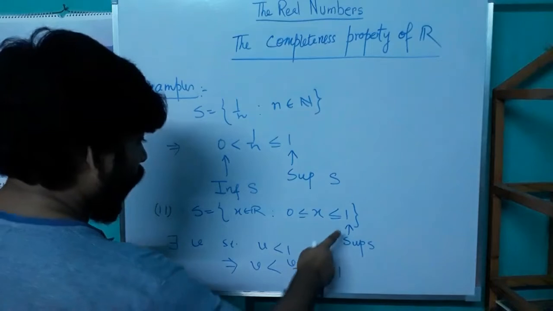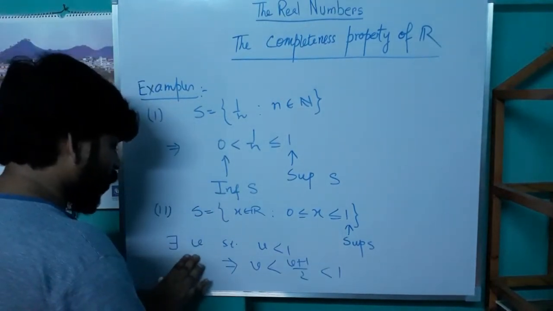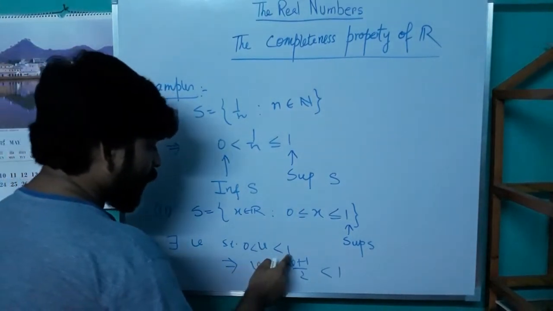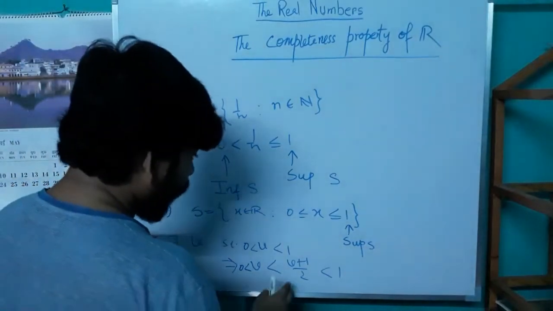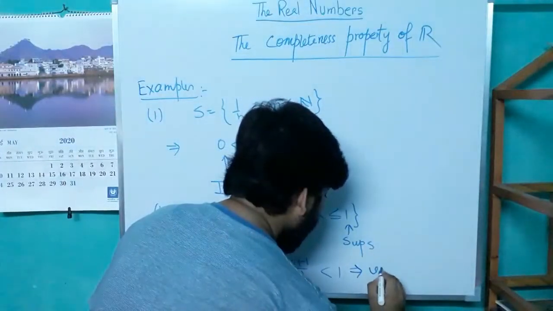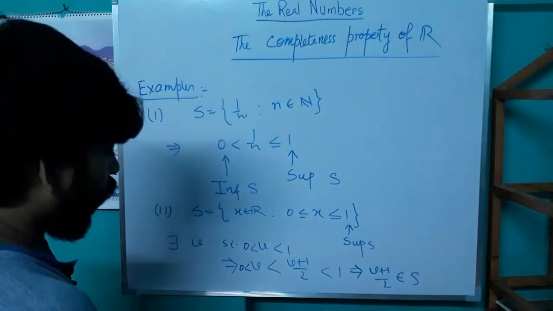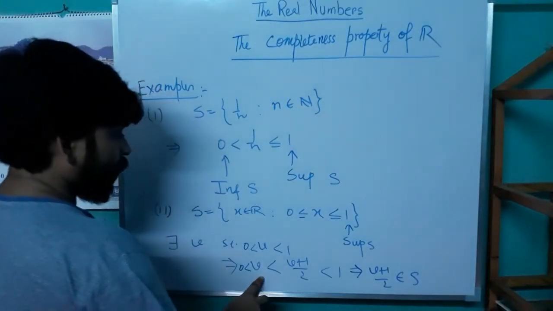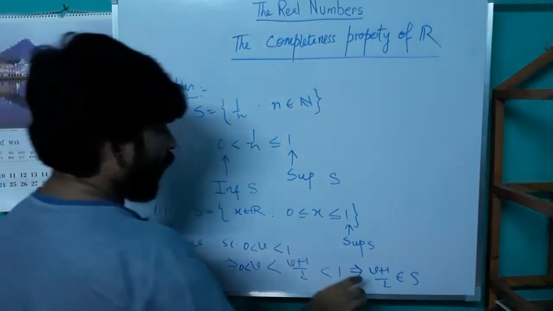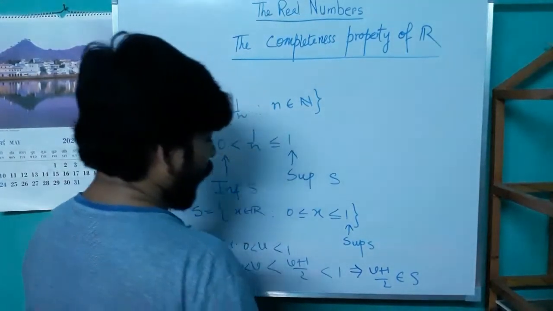So if 1 is not the least upper bound, then there exists an upper bound V which must be less than 1, and since (V plus 1) by 2 lies between 0 and 1, (V plus 1) by 2 belongs to S. So if V is an upper bound of the set S, then there exists an element (V plus 1) by 2 which is bigger than the upper bound, which is not possible by definition.